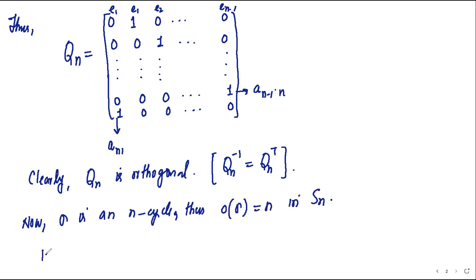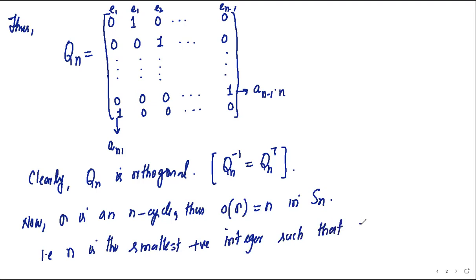So that is, n is the smallest positive integer such that sigma power n is equal to the identity permutation E. Here we will not denote this identity permutation by I, because here I will denote an identity matrix that we are going to use in the next step.